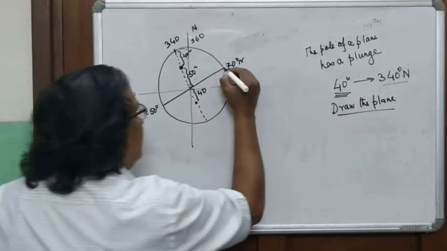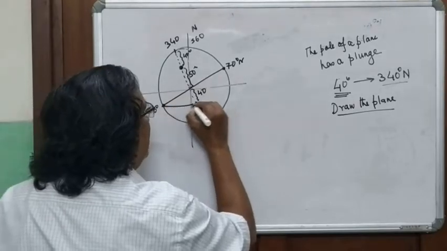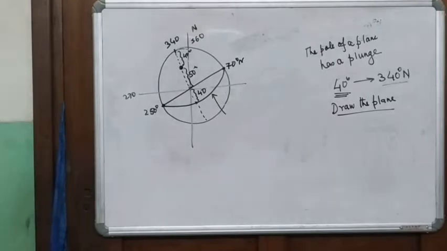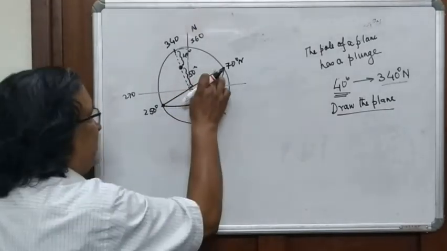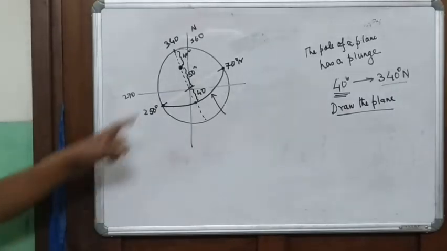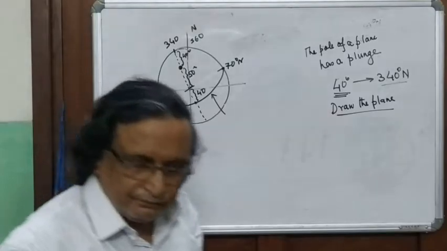So you have three points now, you fit a great circle through it. This is your plane. This is not the plane, this is the straight line. This is your plane, for which the pole is here.